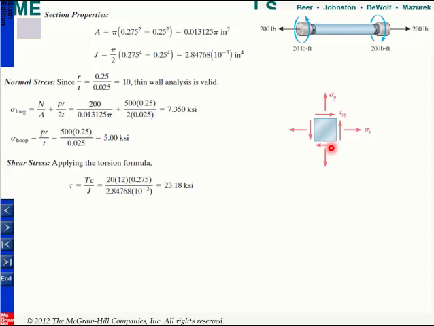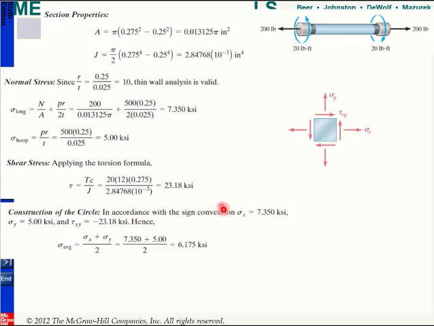If you use your right hand rule, looking from the end, this torsion is applied counterclockwise, which means that it creates a shear going downward. So if you cut an element, you will expect that this shear, due to this torsion, will go downward. Which means that when you write your stresses, I have sigma x, which is tension, I have sigma y, which is tension, but this shear will be in the negative direction.